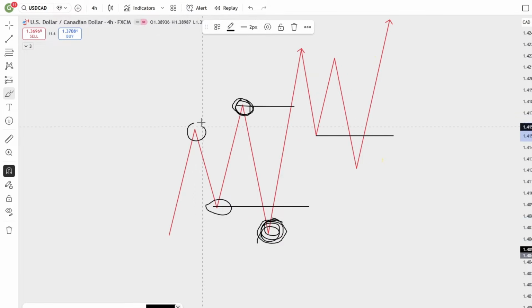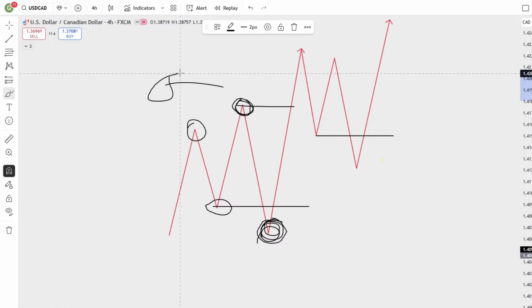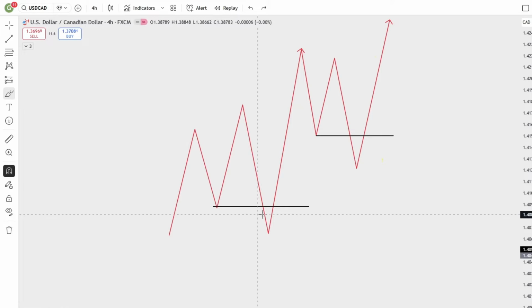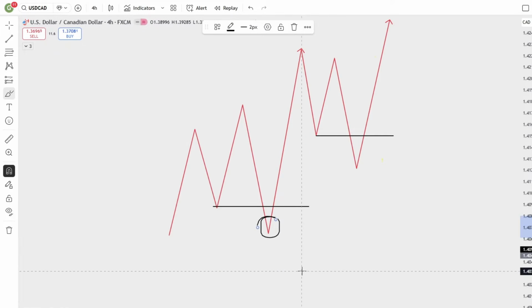This part right here is easier to understand because it's the outside part of the price, of the range. The outside part is easier. So here you have your external liquidity, but the internal part of the price is a lot trickier, because you have to have this turtle soup right here to consider this external.